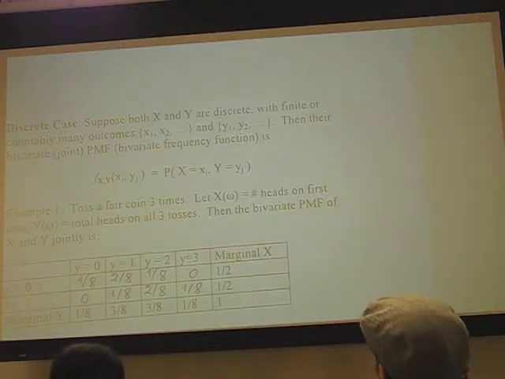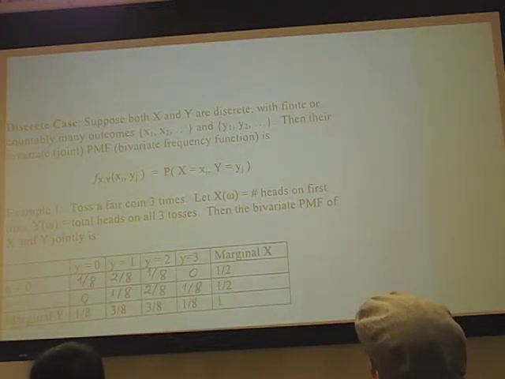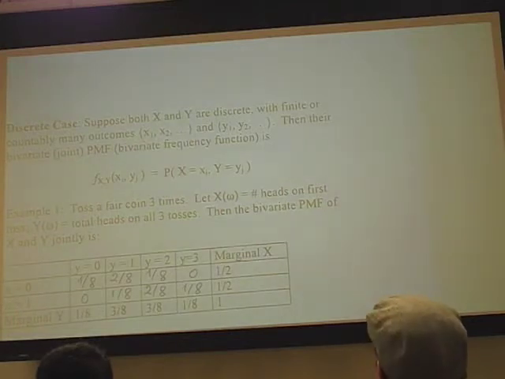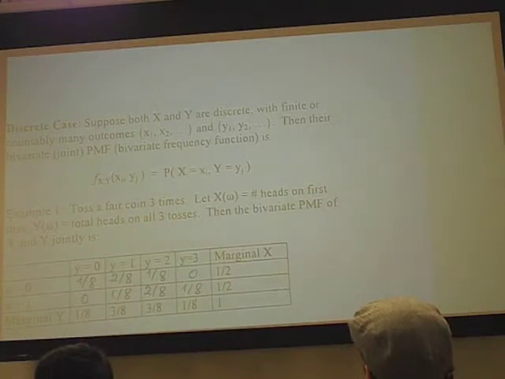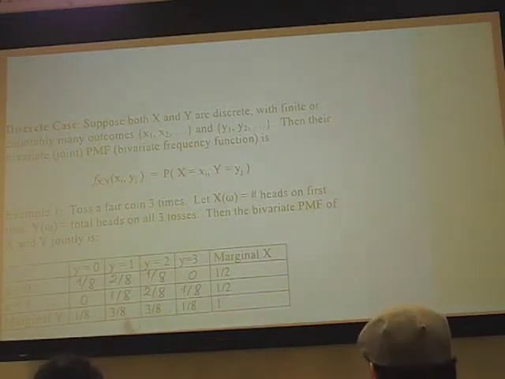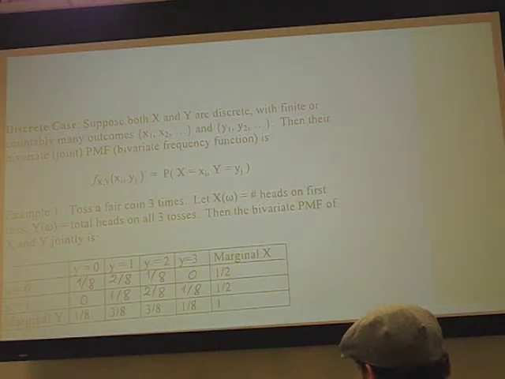Can you compute for me, let's say, the probability of y equal to 0 given that x is 0.